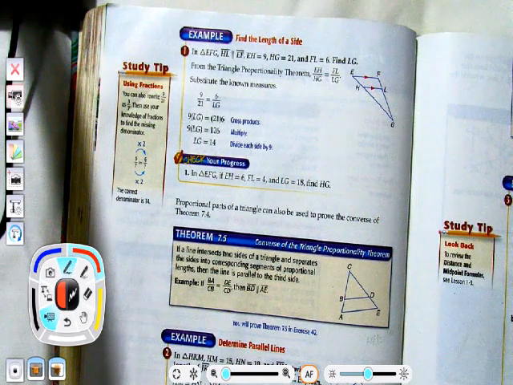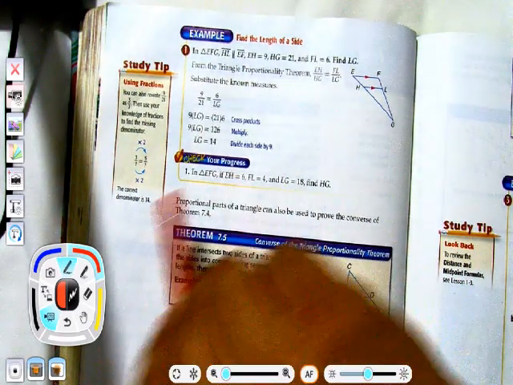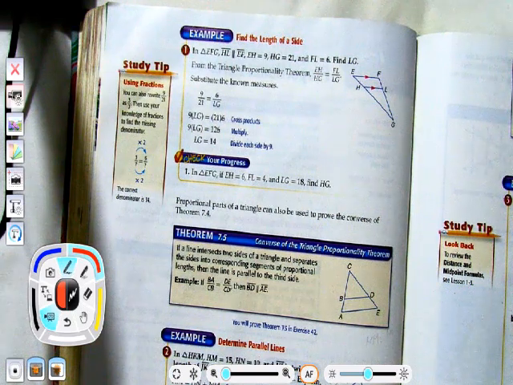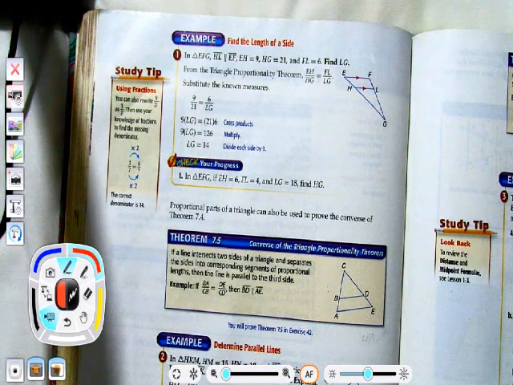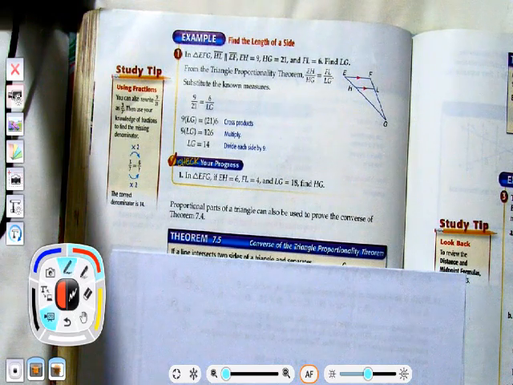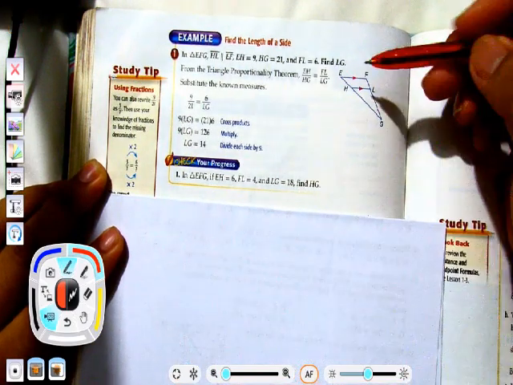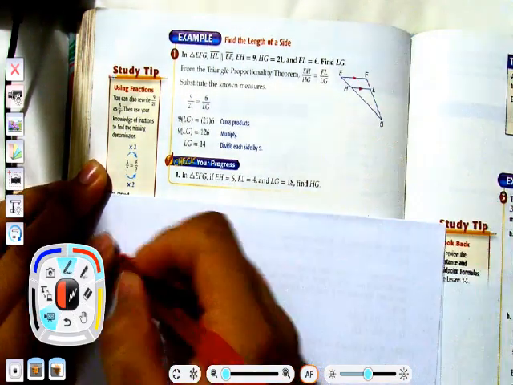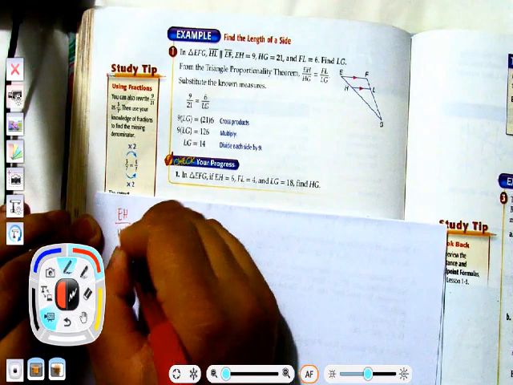Okay? Now, let us discuss the second to check your progress. So, in triangle EFG, if EH is 6, again our original proportionality statement is EH over HG equals FL over LG.